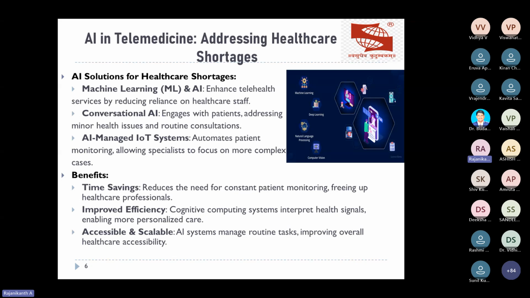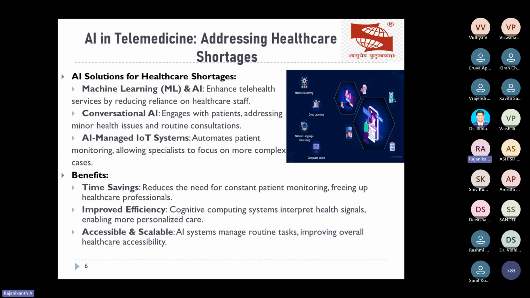So that's where AI as a subset takes advantage of machine learning, deep learning, as well as NLP to become a conversational AI. Here the machine learning takes advantage of the data that is already existing, learns from it, and develops a pattern, and by using that pattern it is able to predict.